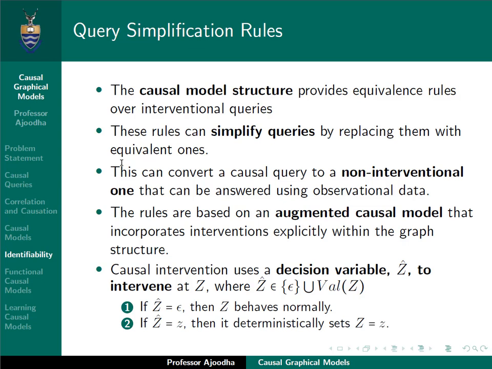You just learn the parameters from the observational data, or whatever form it takes, and then use those in variable elimination. The rules that I'm going to show you are based on an augmented causal model where interventions are represented explicitly in the graph. And I'll show you the notation for that. We introduce a decision variable, written as Z with a little hat on top of it, which controls whether Z behaves normally or is forcibly set to a value.